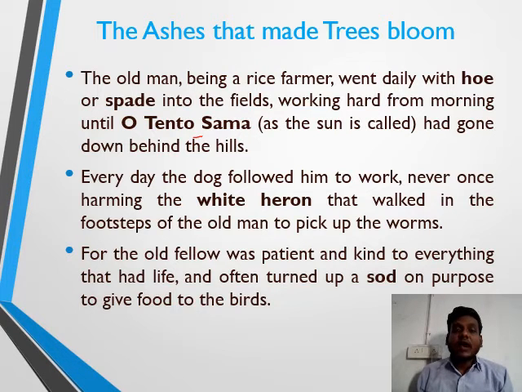Okay, students. The old man is a farmer. He went daily to work in the field from morning until evening, when the sun went down behind the hills. That means he worked until sunset, a hard-working old man.